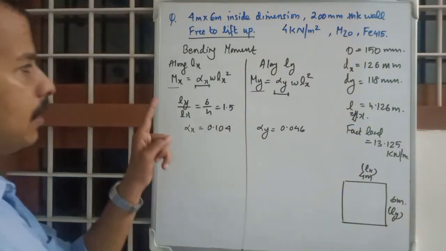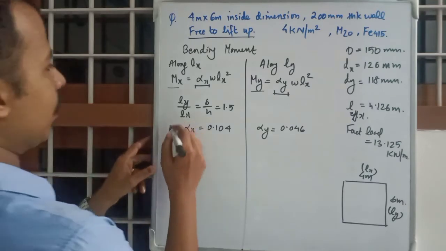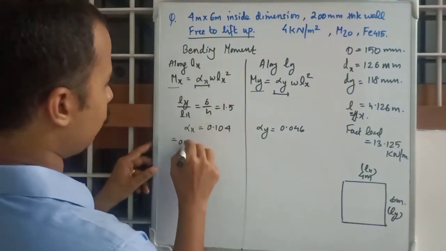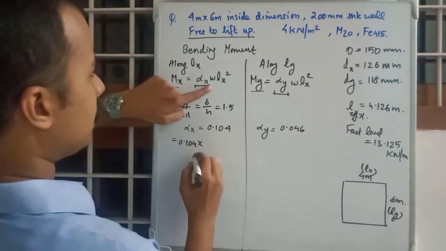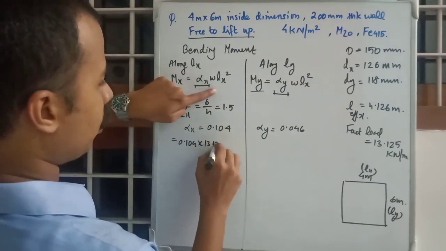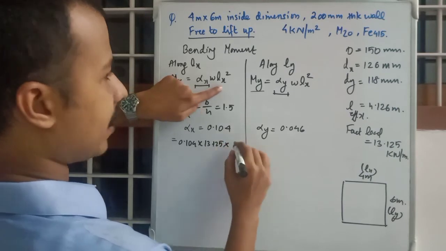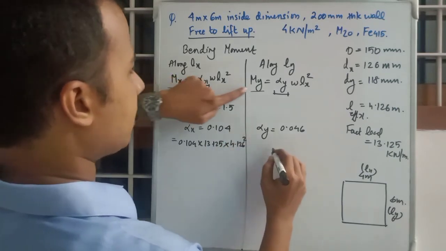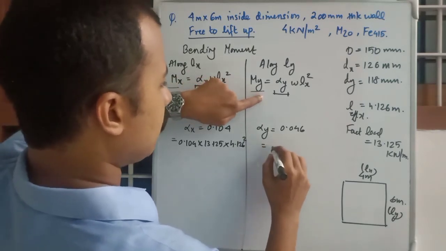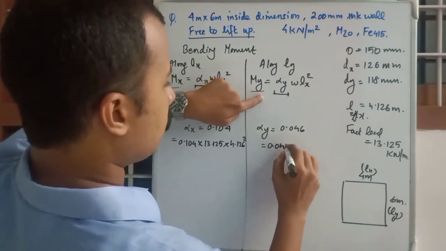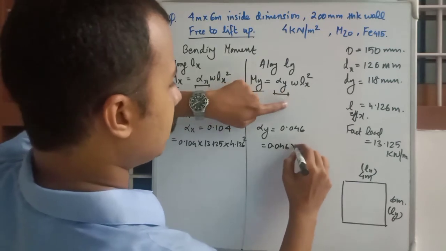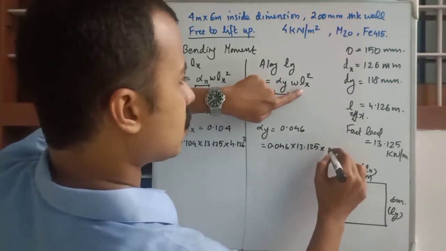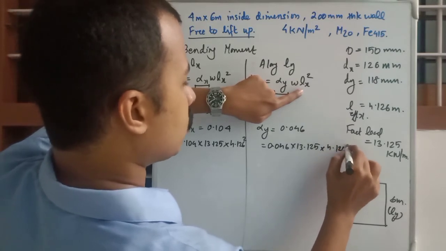Okay, so Mx and My you can calculate now. Mx is alpha x, 0.104, into W, 13.125, into Lx, 4.126 square. My is 0.046, alpha y, into W, 13.125, into Lx, 4.126 square.